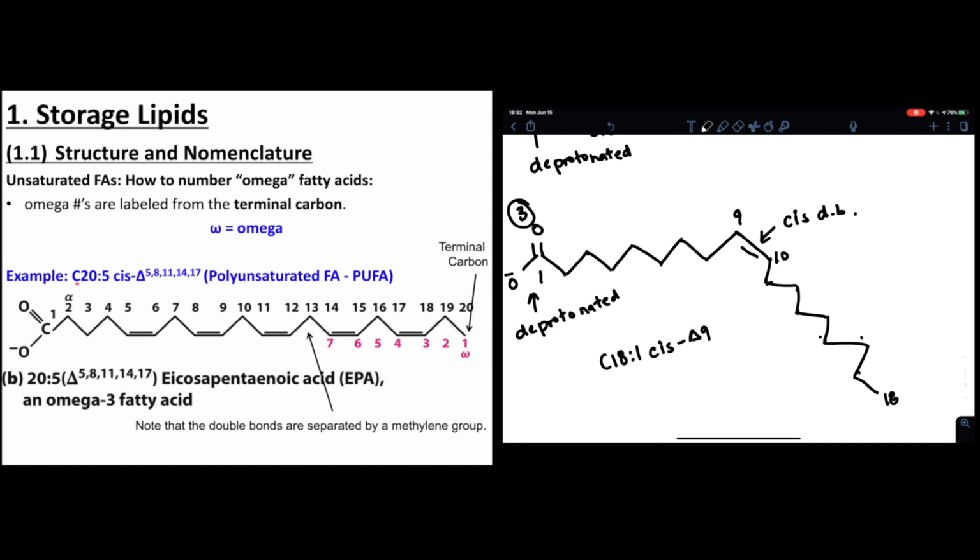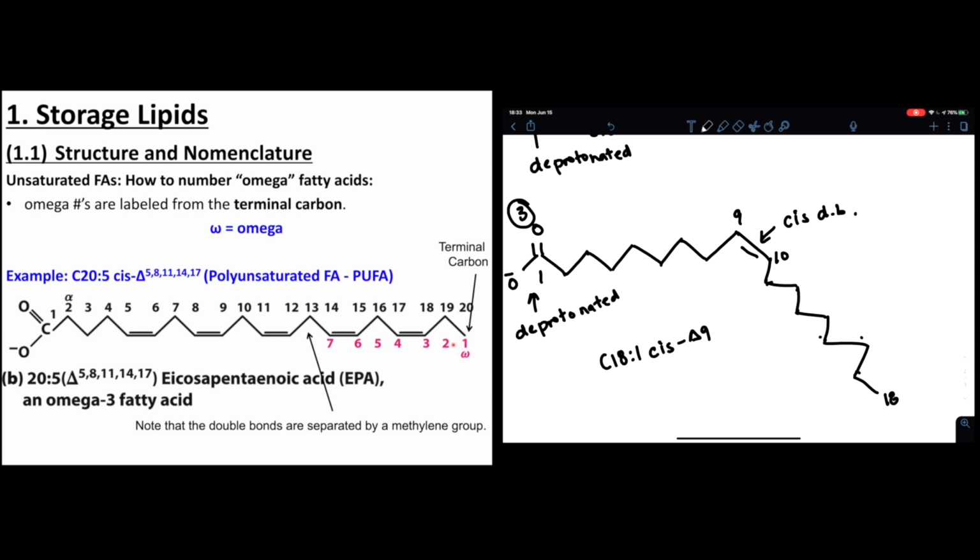So what I'm showing you over here is C20:5 cis delta 5, 8, 11, 14, and 17. Just as the name suggests, there's 20 carbons in the structure. There's 5 double bonds that are all in the cis configuration, and they're found at locations 5, 8, 11, 14, and 17. Okay, but in the omega notation, the 20th carbon in this chain, which is the last one over here in our normal IUPAC notation, is the omega-1 carbon.